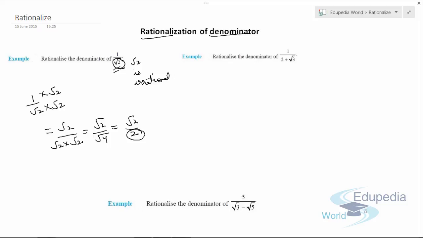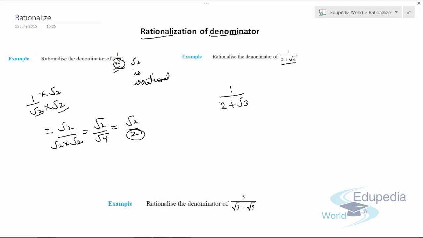So we can see clearly we have rationalized the denominator. So this is always the first step. Whenever you want to rationalize the denominator, you have to multiply with the same number so that you can rationalize the denominator. Now see this question. The question is, we have to rationalize the denominator again, 1/(2 + √3).